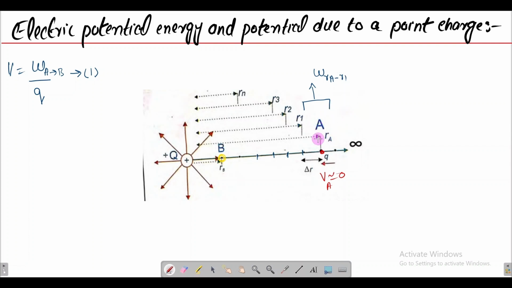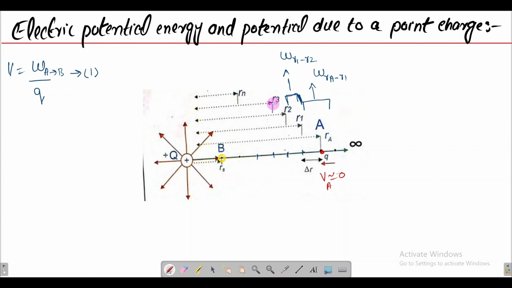So this is the work done for this step. And for the second step, the work done is from R1 to R2.